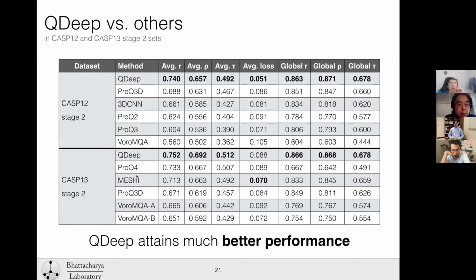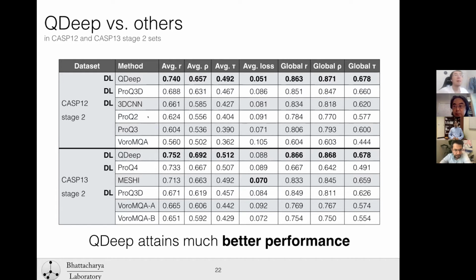And the same trend continues in CASP13, although the loss of the top method is the best in CASP13. We are not the best in that, but we are better in the other categories. But a more important thing to notice here is that all the top performing groups, including QDeep, apply deep learning, including the methods ProQ3D and 3DCNN, which applies a 3D convolutional neural network, ProQ4 and things like that.